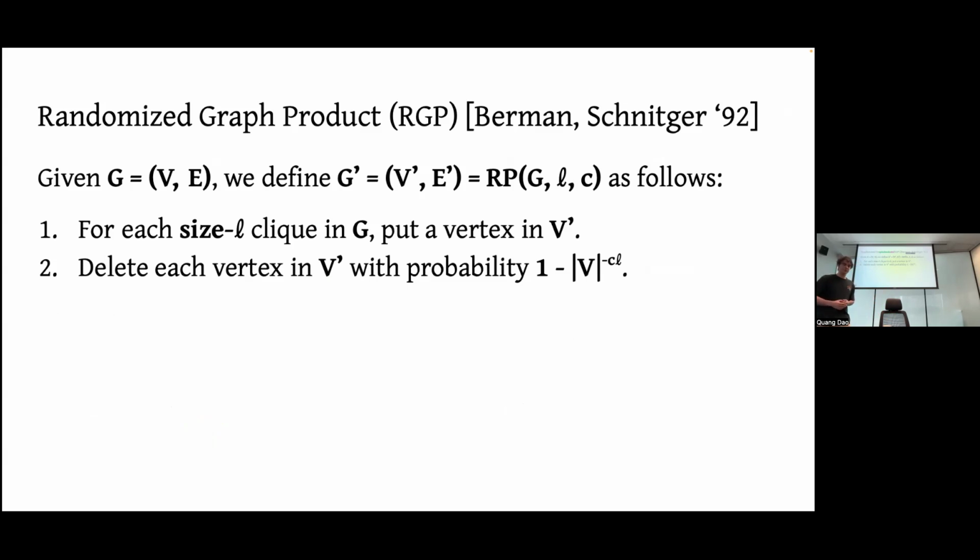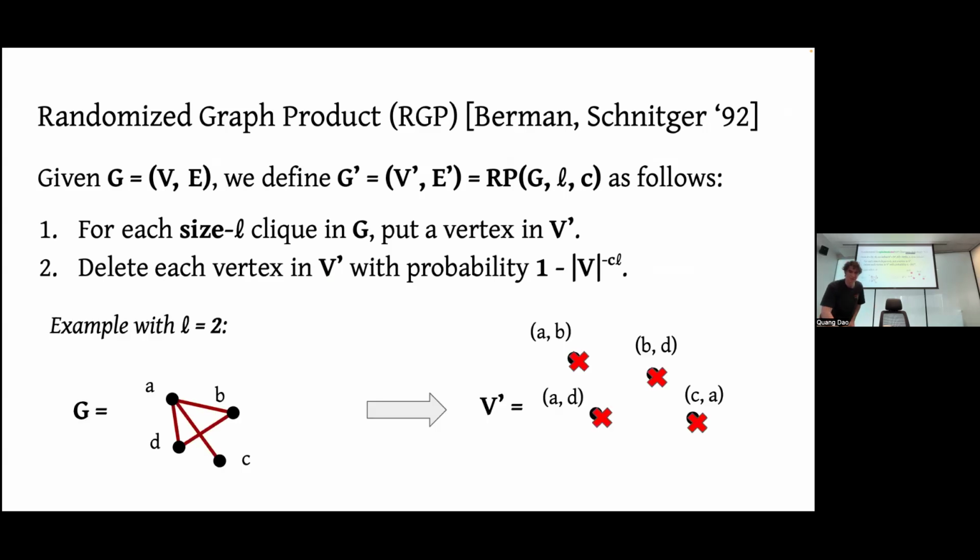In particular, we delete them with probability all but an inverse polynomial or even an inverse superpolynomial in the size of the original vertex set. In our toy example, this means that we expect to delete all of the vertices, but you can imagine that if we start with a graph with 1,000 nodes, or for example, 100,000 nodes, then we'll maintain at least a small number of vertices, even after the deletion.